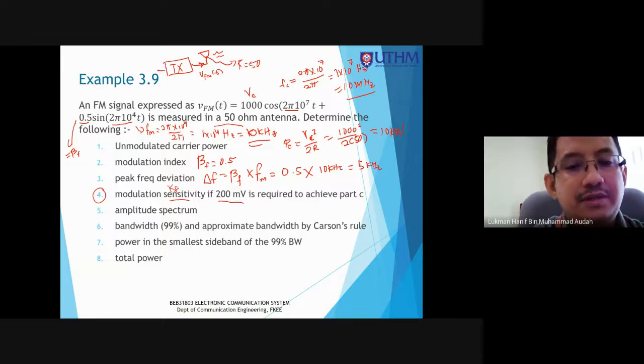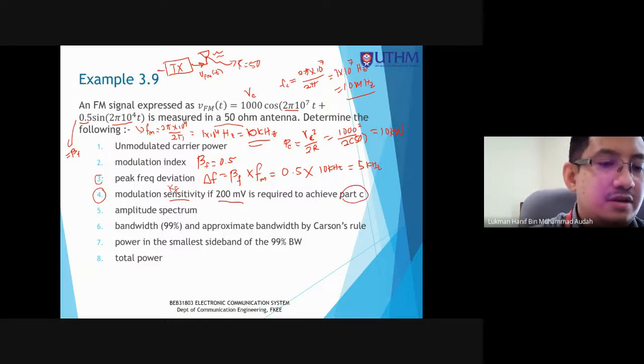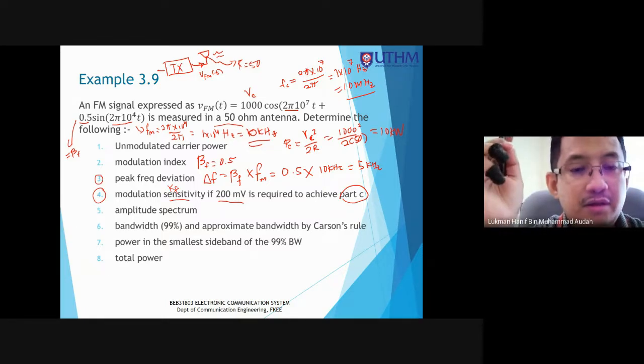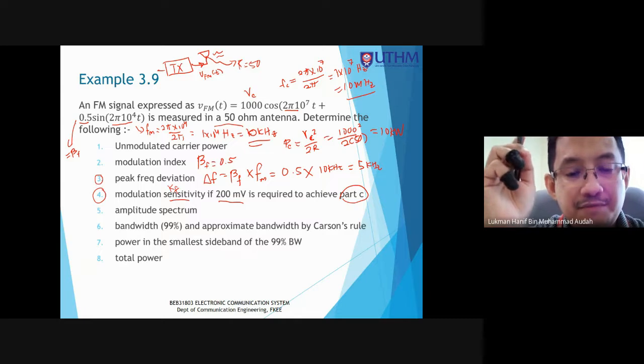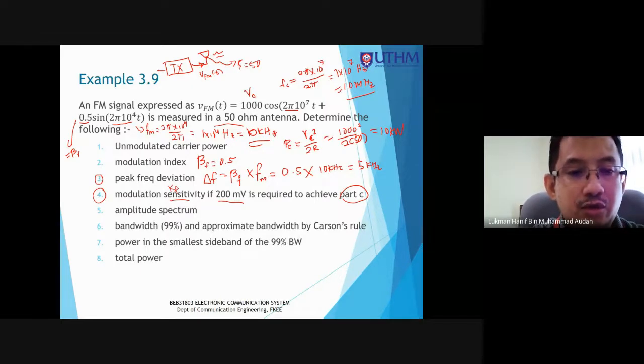Part c is number 3: we want to achieve a delta f equal to 5 kilohertz, given a voltage of 200 millivolt.